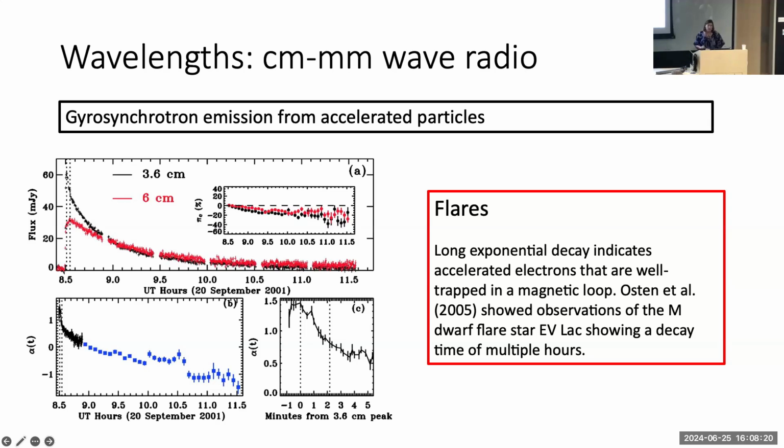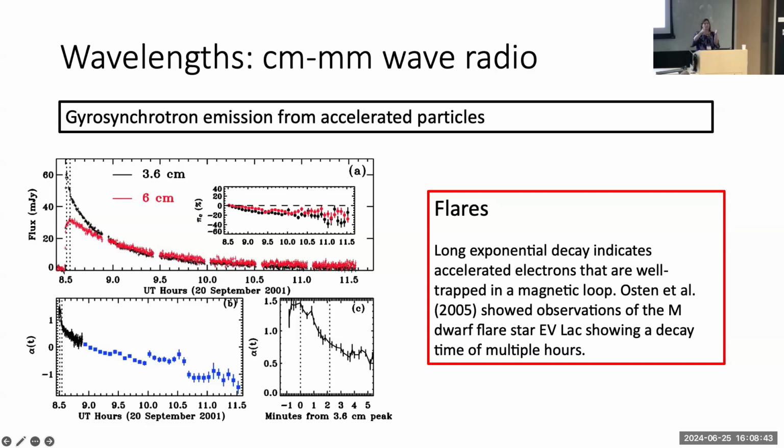This is an example of long exponential decays in some of these flares. This one is an example from EV Lac, which had a flare decay that lasted for many hours, even past the end of the observations. These types of observations tell you that you're looking at, one, accelerated particles, and two, that they're well trapped in a magnetic loop.